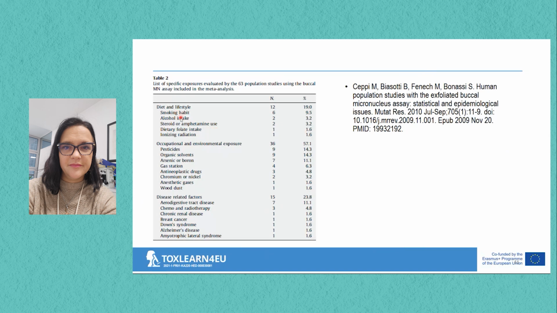And of course, smoking and alcohol intake have a big influence on the increased buccal micronucleus frequency, together with some exposures to pesticides, anesthetic gases, arsenic, and some diseases that we have already demonstrated. And this is the article that has collected all those human population studies and analyzed them statistically and epidemiologically.